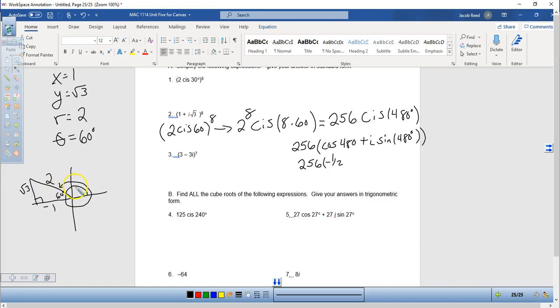Sine of the 480 is square root of 3 over 2. Multiply it out. We get negative 128 plus 128 root 3 i.